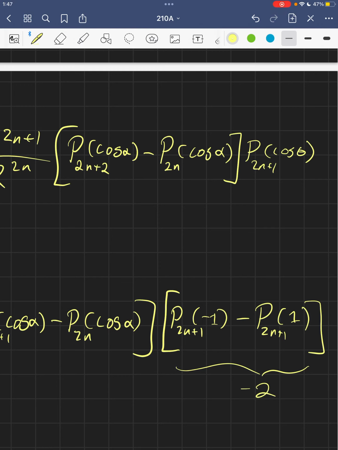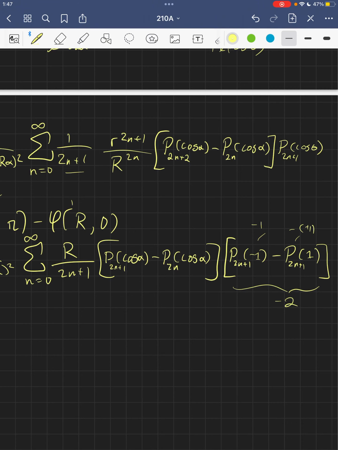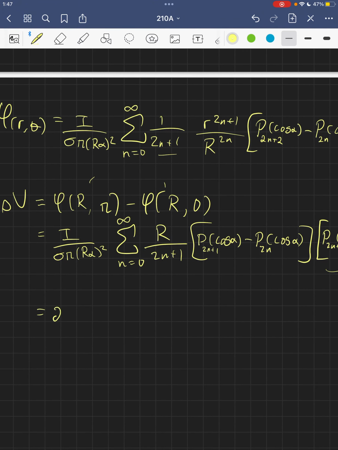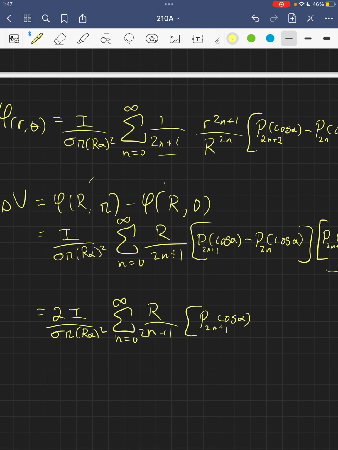Because we're saying they're odd, so these are opposites of each other. So this is negative 1, and this is minus positive 1. Well, they don't cancel. They sum together to be minus 2. So this whole thing is 2I over sigma pi r alpha squared, summation n equal to 0 to infinity, R over 2n plus 1, and then the two Legendre polynomials with cosine alpha.